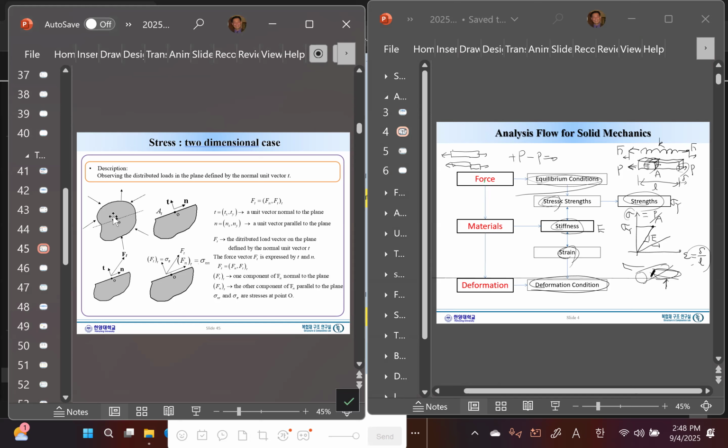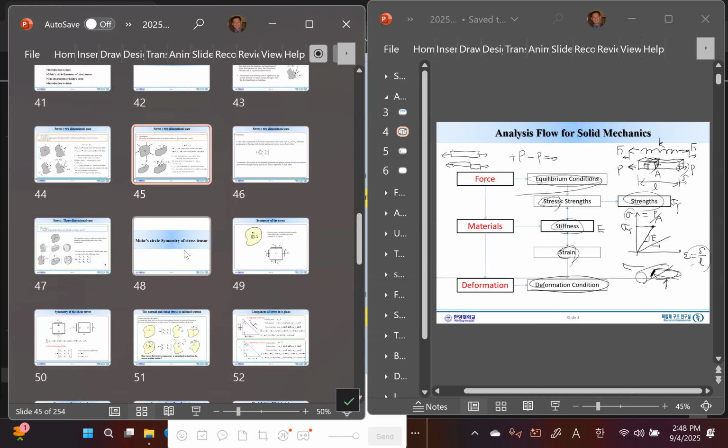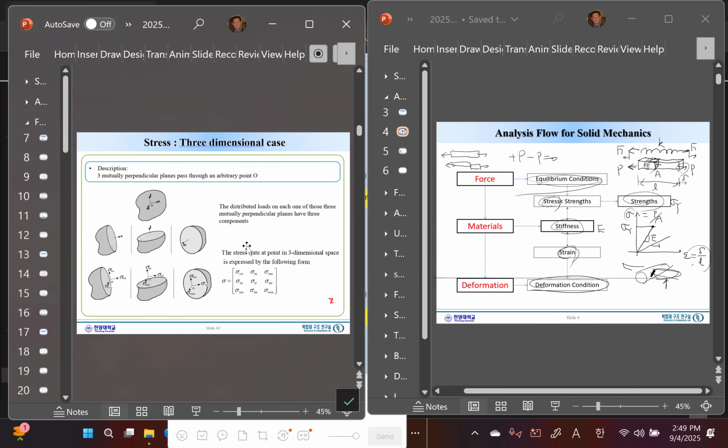That is 3D, all the directions. But how do we describe that? Imagine the cutting plane to see inside, and now there can be some internal forces. So that's now where the stress concept comes in.